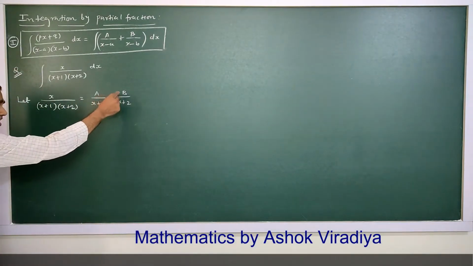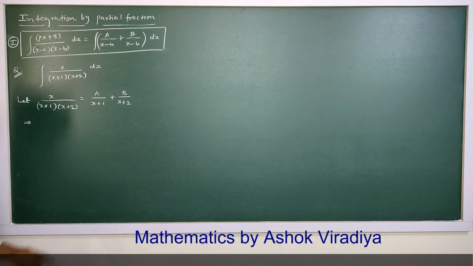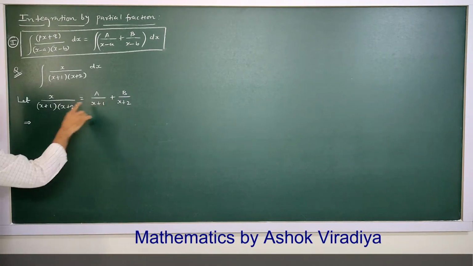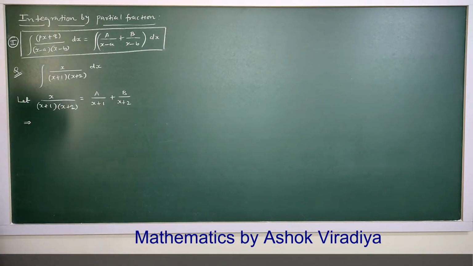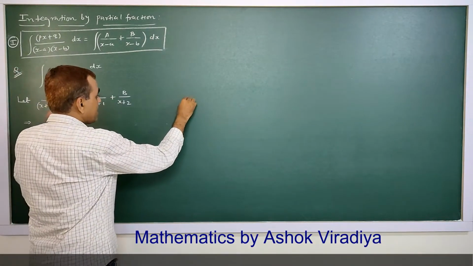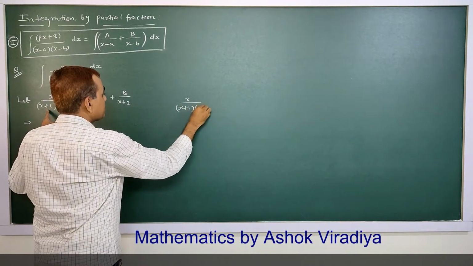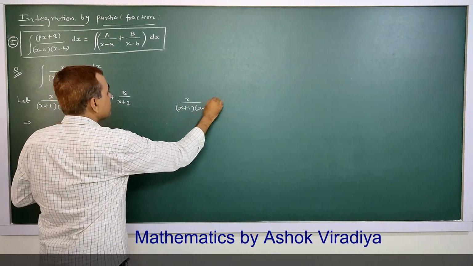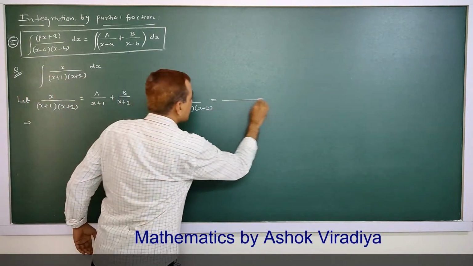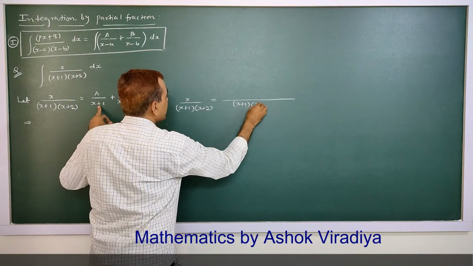Now to find a and b, the next step is taking LCM on both the sides. Say look here, this is x upon x plus 1 into x plus 2 equal to, on the right hand side, LCM is x plus 1 into x plus 2.